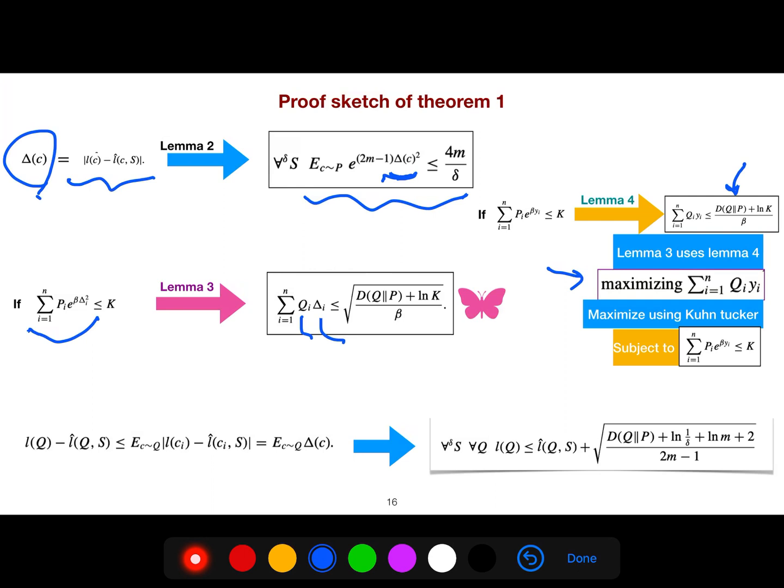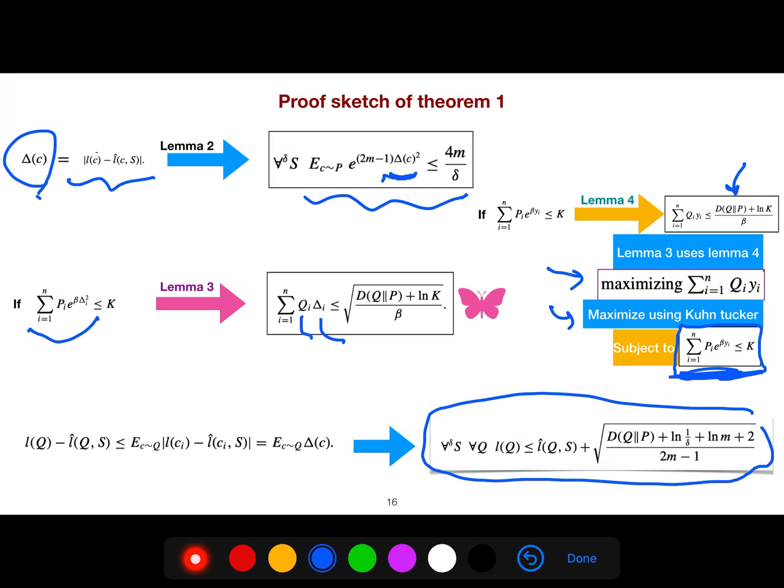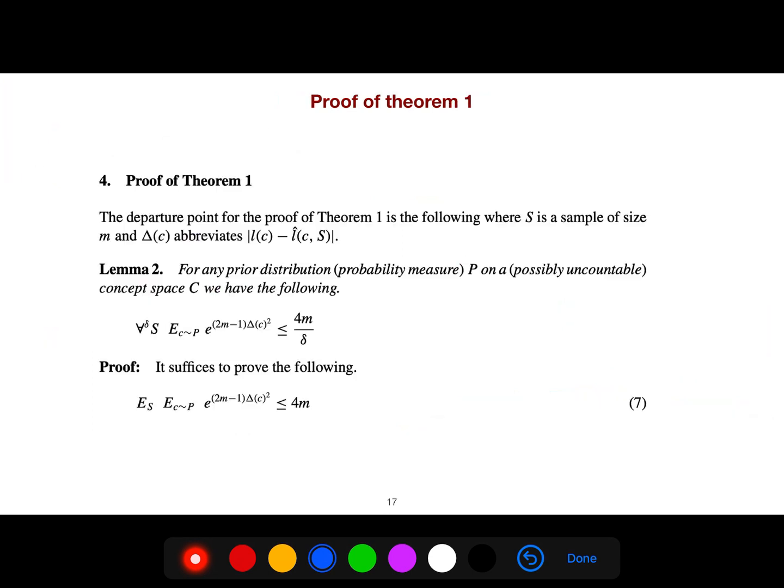In maximization, we always use Karush-Kuhn-Tucker, those KKT conditions that I have explained in the optimization playlist. It is a constrained optimization because of this constraint. If you combine all of these things, you will see that the McAllester algorithm is just this simple relation.